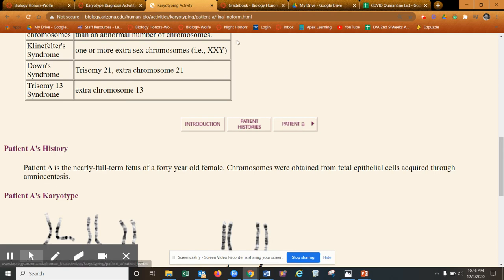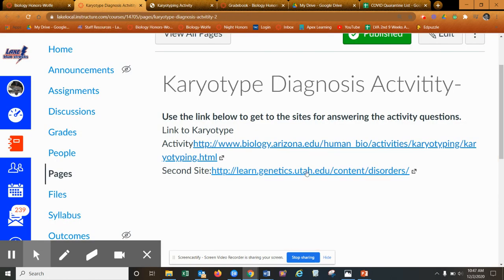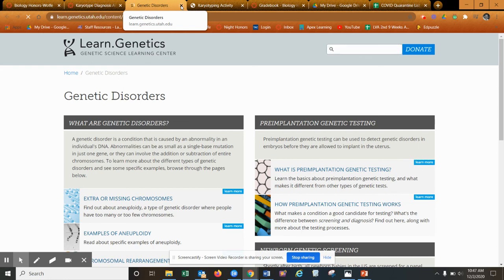Got it? When you're finished with the patients, for the second site, Genetic Science Learning Center, you have to go back to this and click on that second site link, and it will take you there. That's that. So you get to be the little genetic doctors and try to correctly diagnose some genetic disorders based on karyotypes.